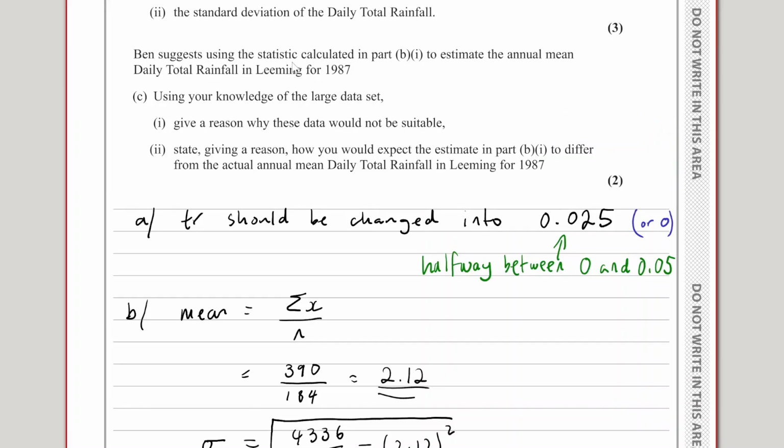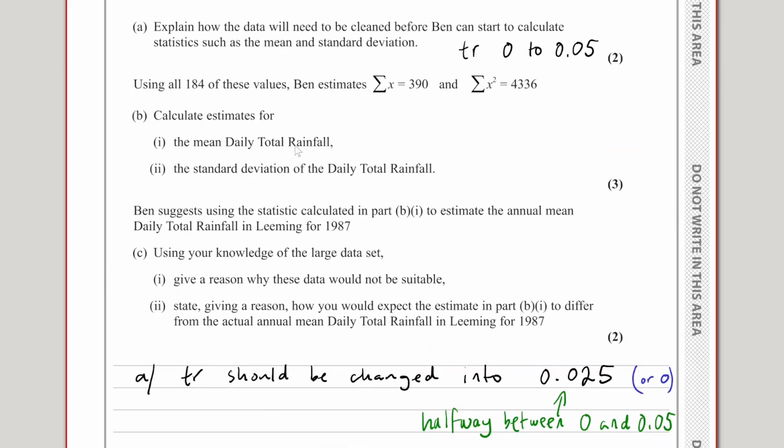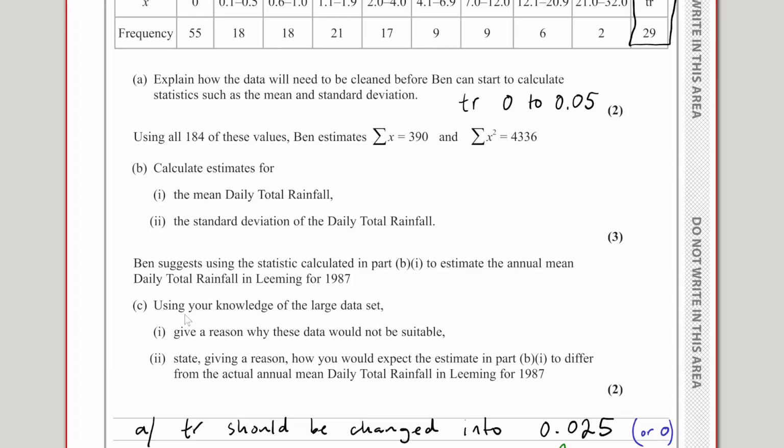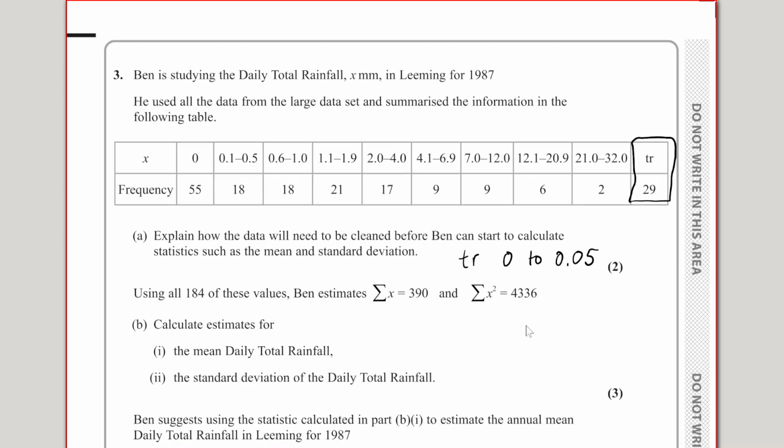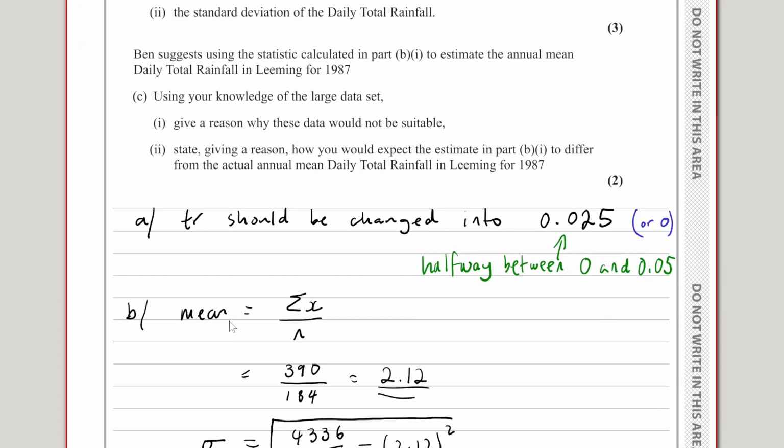Ben suggests using the statistic calculated in part B(i), so the mean, to estimate the annual mean daily total rainfall in Leeming for 1987. Using your knowledge of the large data set, give a reason why these data would not be suitable. So it's not the whole year. We've only got half a year, 184 days.